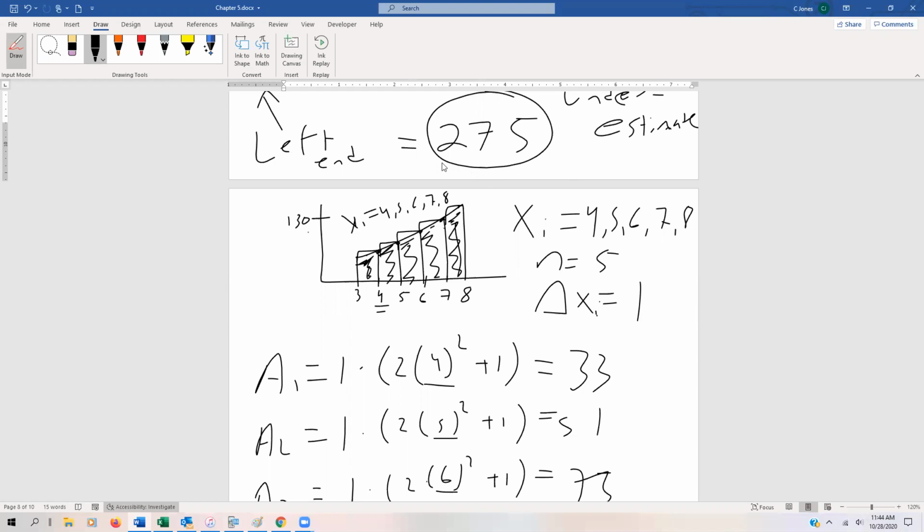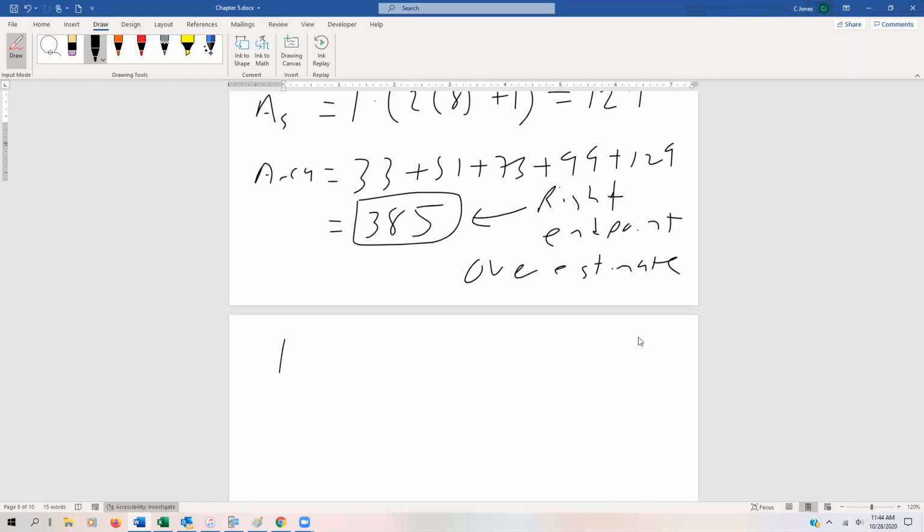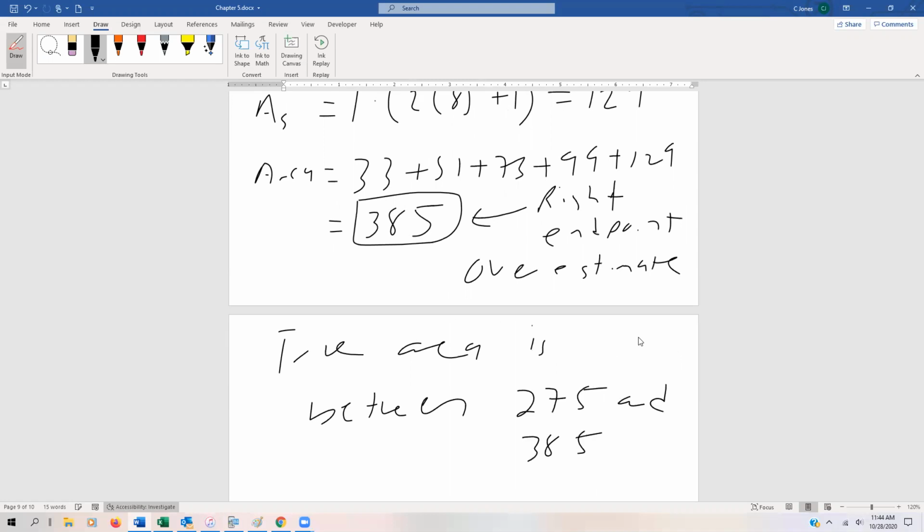The true value of the area is somewhere between 275 and 385, so the true area is between 275 and 385 square units.